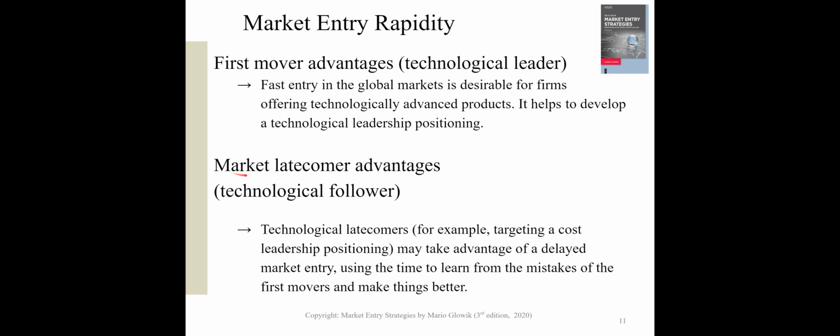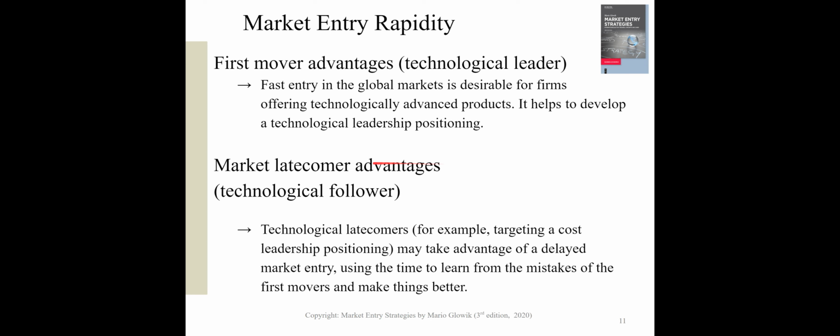Whereas on the other side, market latecomers, technological followers, who, for example, target cost leadership positionings, may take advantage of delayed market entry, using the time to learn from the mistakes of the first movers and make things better than the first movers.